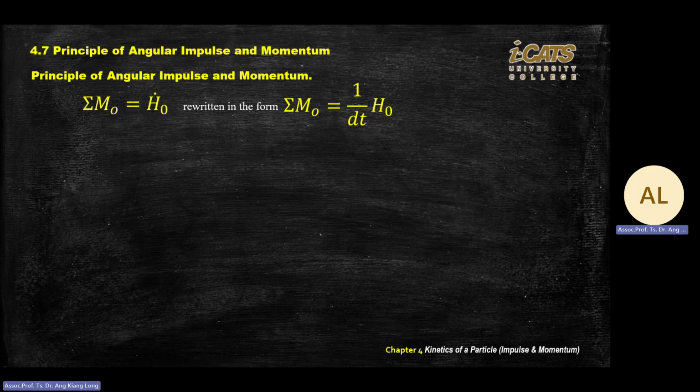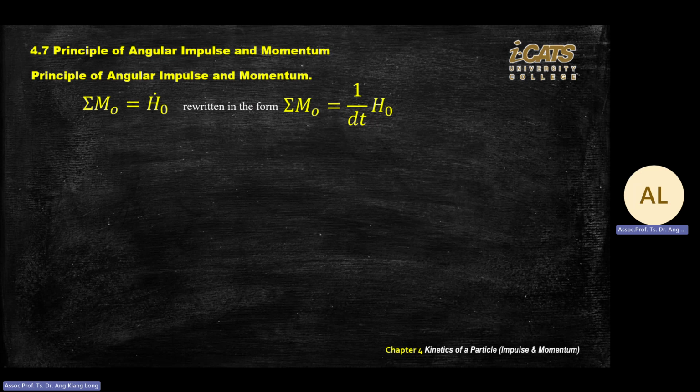Force multiplied by time. In the previous chapter, you integrate force dt, remember? You have this one, impulse. The principle of linear impulse and momentum: you have your momentum before plus impulse equal to momentum after. This is the previous one.